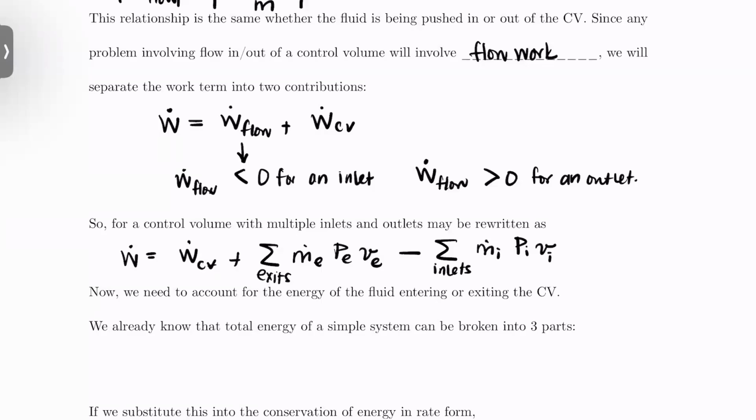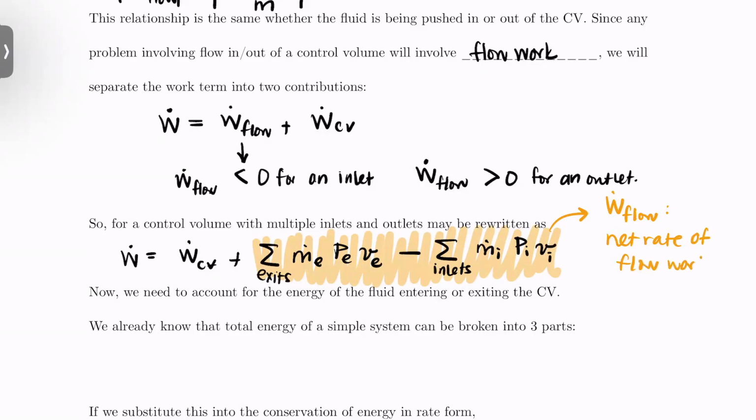And this entire part of the equation is just W dot flow, our net rate of flow work output. Any questions on this so far?